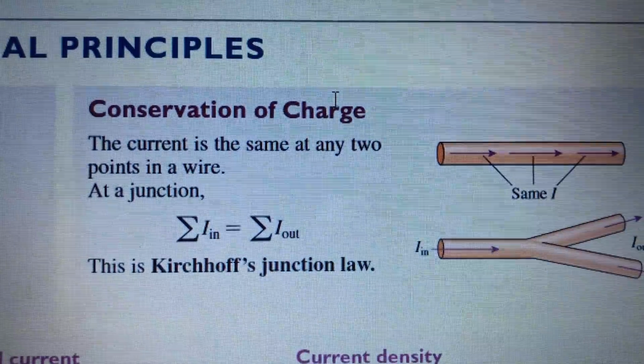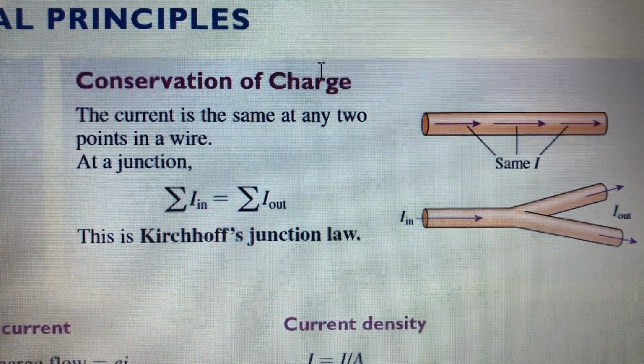So first we can see that resistor A and resistor B are connected in series. That means IA will equal IB, and I know that by using this law here, the conservation of charge.